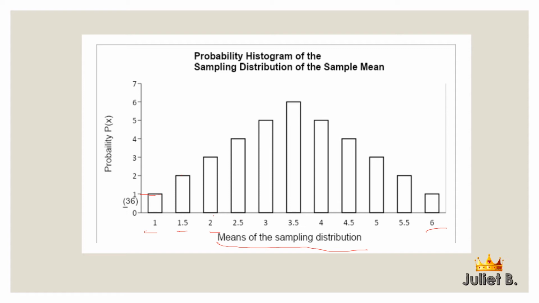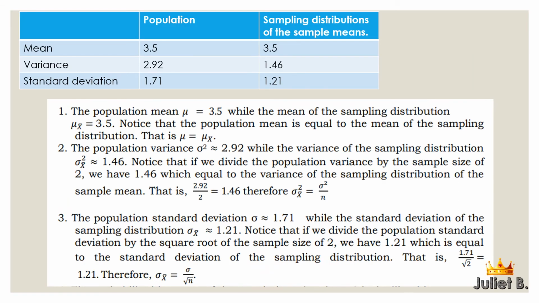Now, let us compare the values solved through the data in the population and the sampling distribution. Ito na. So, we have the population, yung activity number 1, at saka yung sampling distribution, yung activity number 2. Kinuha natin yung mean ng activity number 1, ang nakuha natin 3.5.